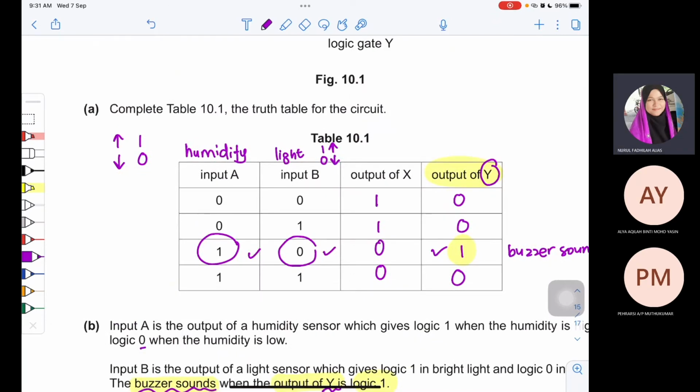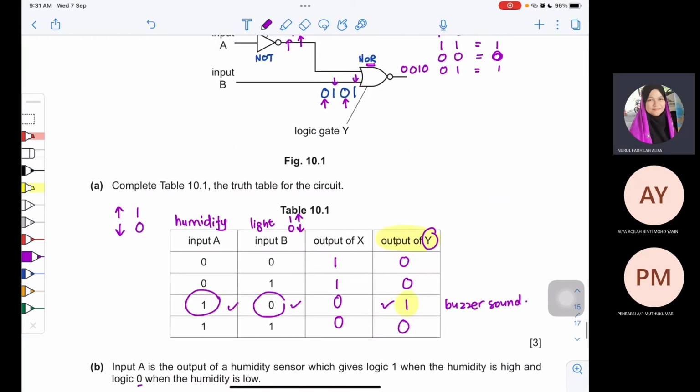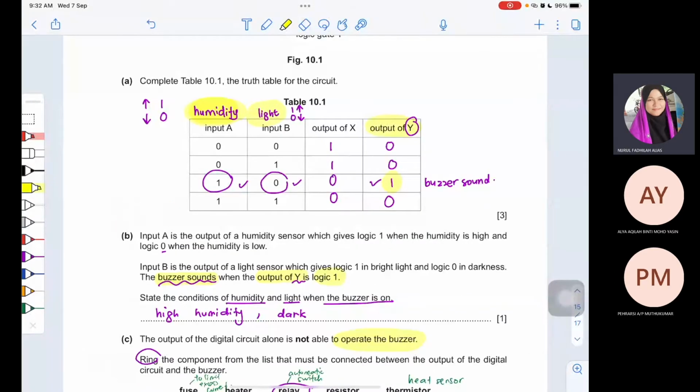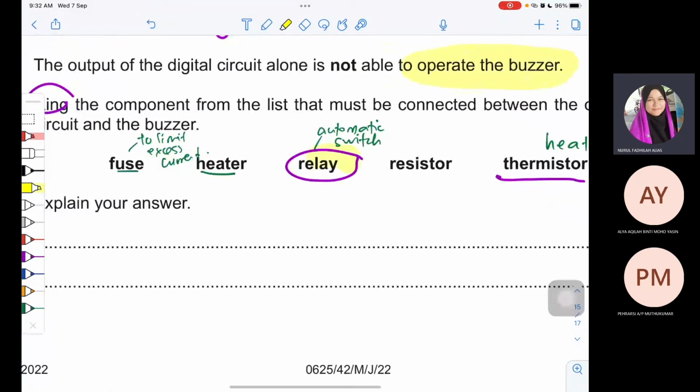Okay, because heat sensor is to sense heat. Okay, tapi kita, this one buzzer dia tak berbunyi waktu panas. Humid is not the same as, selalu student memang tersilap lah. Humid is not the same as heat. Humid ni adalah macam water droplet. Kan? Light, cahaya. Okay, so we don't need. Okay, so jawapan dia ialah relay.